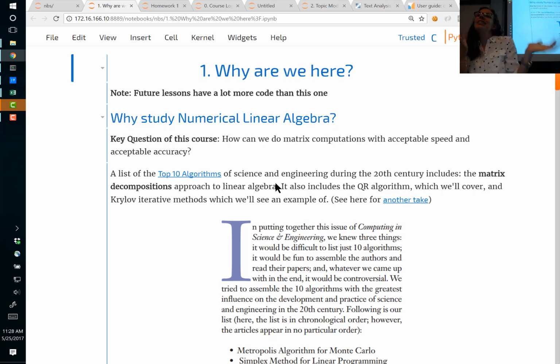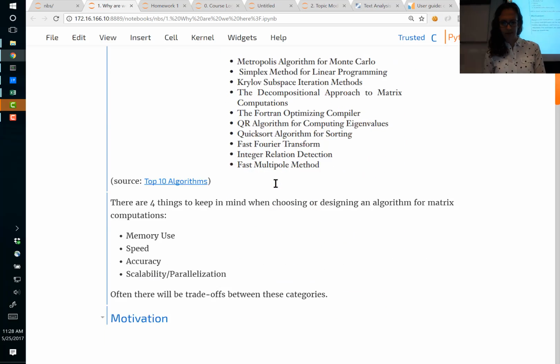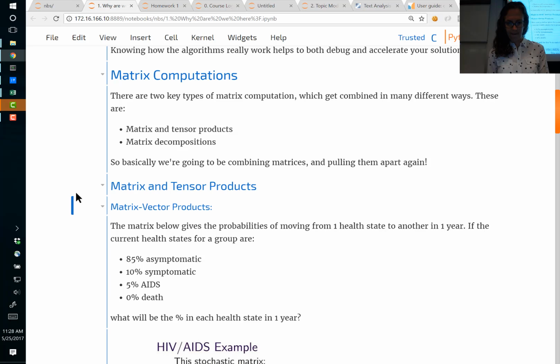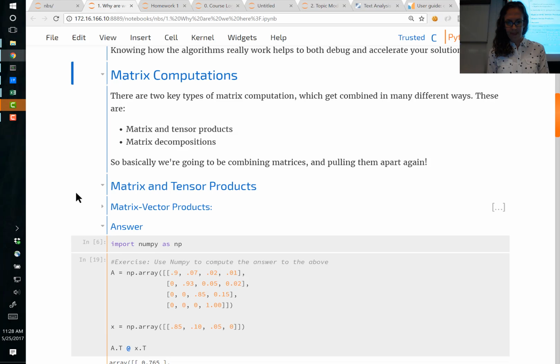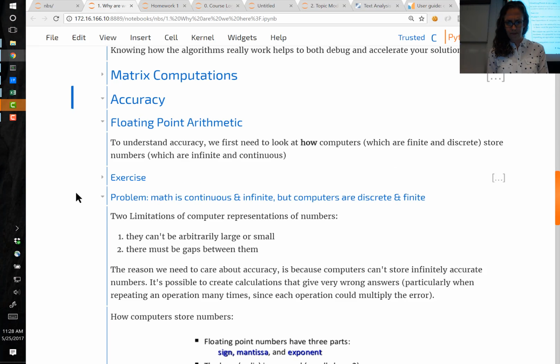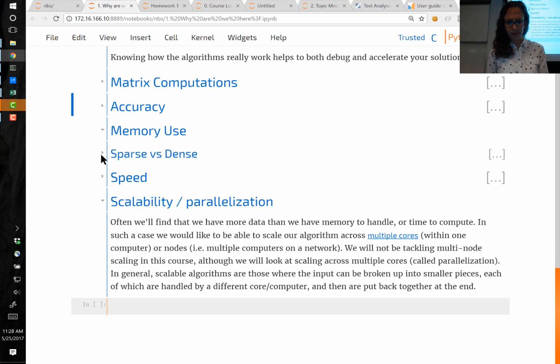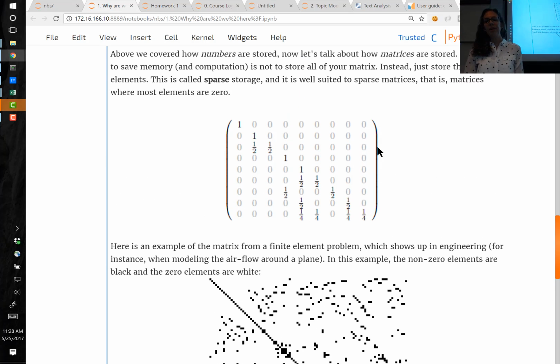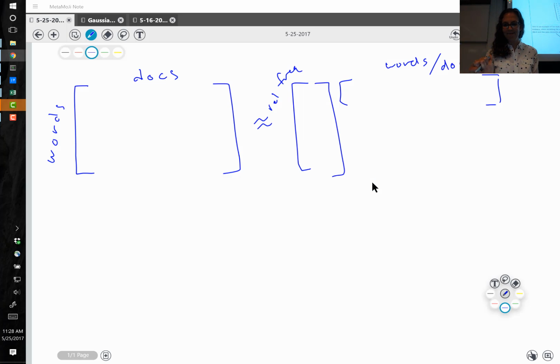It could conceivably be a list where you need the row and column coordinate to keep track of where each value is. Let me show the picture again. Yeah, so this is what a sparse matrix looks like. You have all these zeros. Let me try writing on the screen.